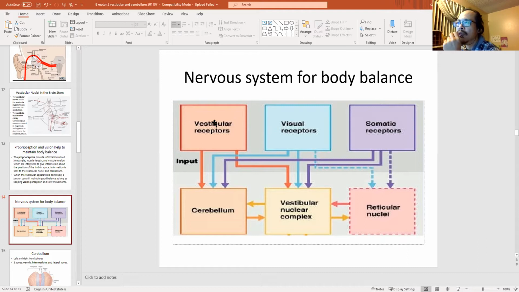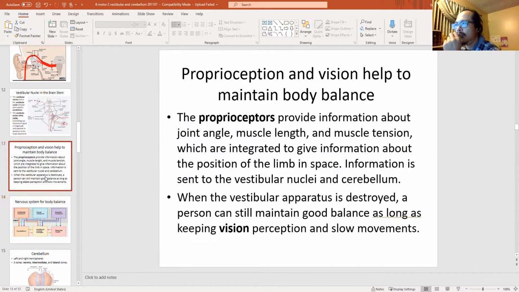However, we also rely on vision and proprioception. That's the concept I want to give you about body balance. To maintain body balance, it's very important to know that not just the vestibular system, but proprioception plays an important role, because if you don't know your body's position, it's very difficult to get the correct reflex in order to keep body balance. And to know your body's position, you need to have good proprioception.